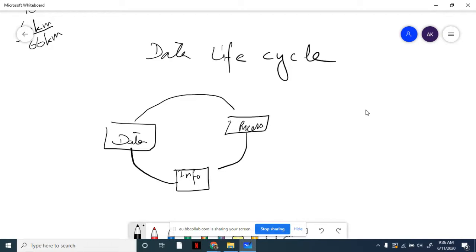Now we already talked about data. Data means facts and figures which is not in the complete form, which is not understandable right now. Independently, they might be understandable, they might make some sense, but not in the complete sense. Whereas what we do, we process it. We do something with it.